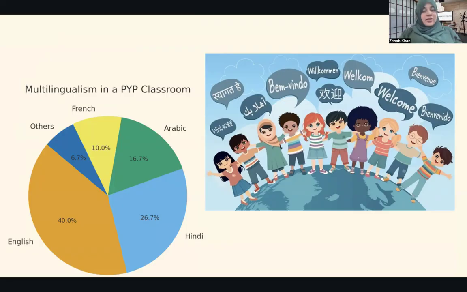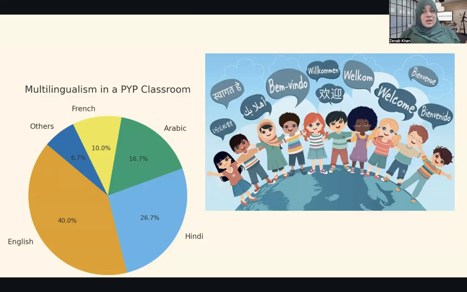Here, in the scenario I'm sharing, about 40% of learners speak English as their primary language. 26.7% speak Hindi, 16.7% Arabic, and 10% French, and 6.7% are students who speak other languages. Now, what does this pie chart really tell us?